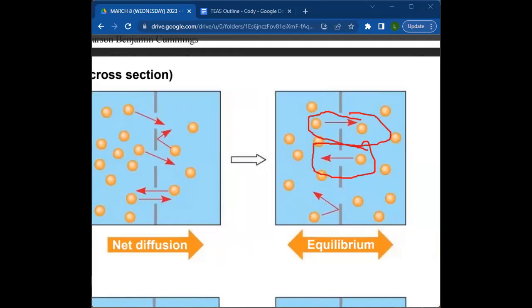And then when finally the concentrations are equal on both sides of the membrane, again, the molecules do not stop moving. They will continue to move, but they're going to move backward and forward at an equal rate.